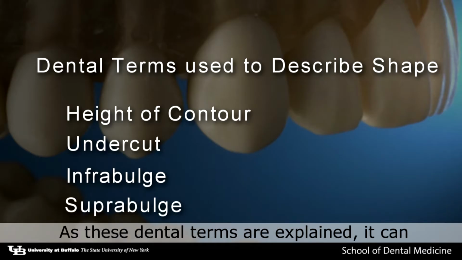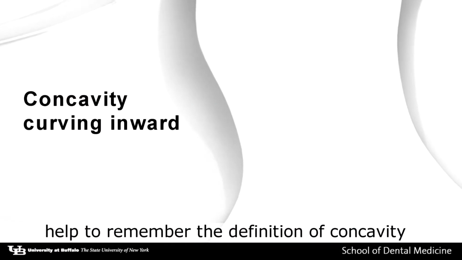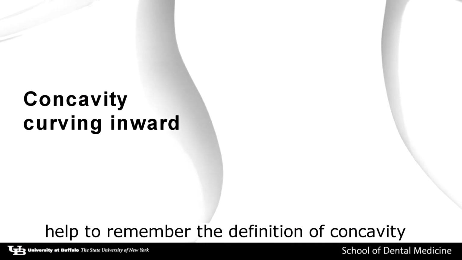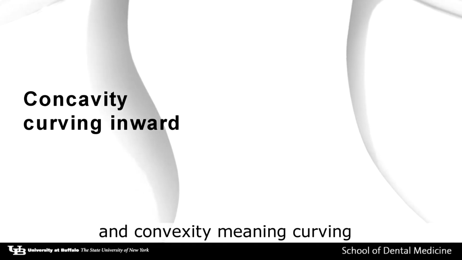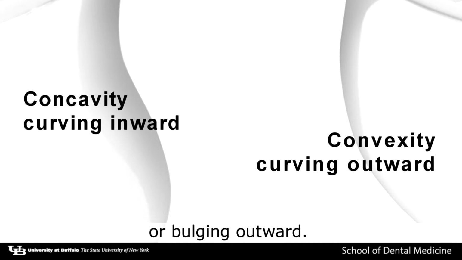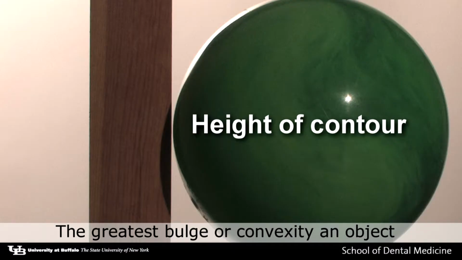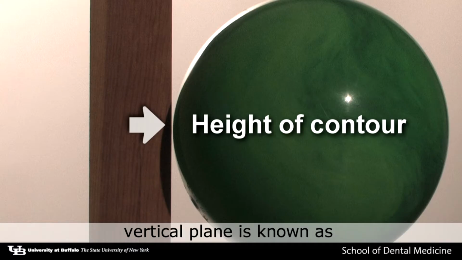As these dental terms are explained, it can help to remember the definitions of concavity, meaning curving in or hollowed inward, and convexity, meaning curving or bulging outward. The greatest bulge or convexity an object has with respect to its orientation to the vertical plane is known as its height of contour.